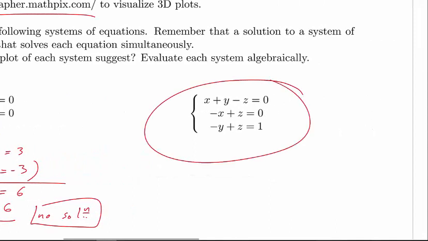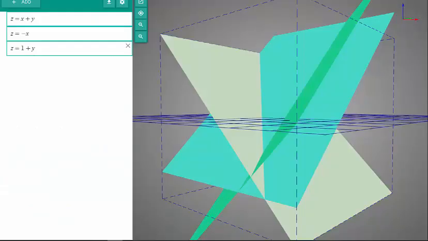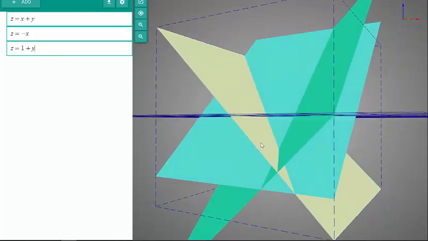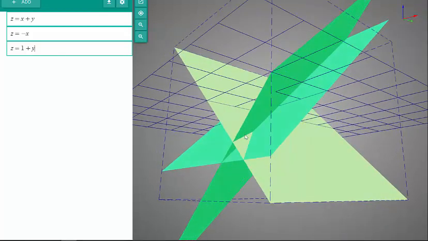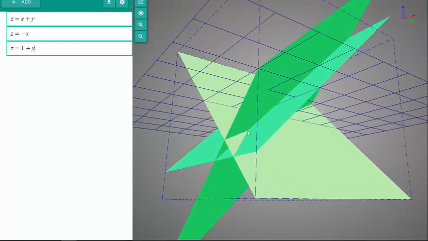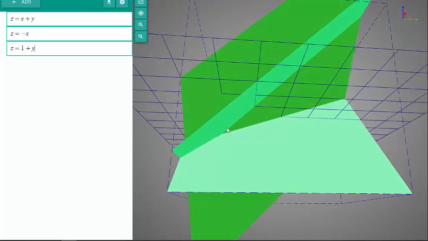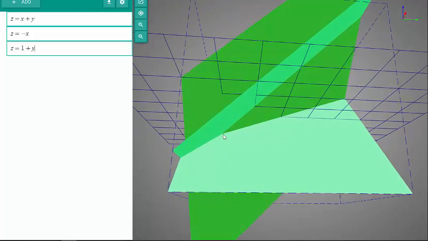All right, let's go ahead and look at this guy right here now. Okay, once again, we've got all our equations solved for z and inputted over here. When we take a look at the three planes these guys create, we can see clearly that there is a single point of intersection that they all have in common, occurring right there by my mouse.